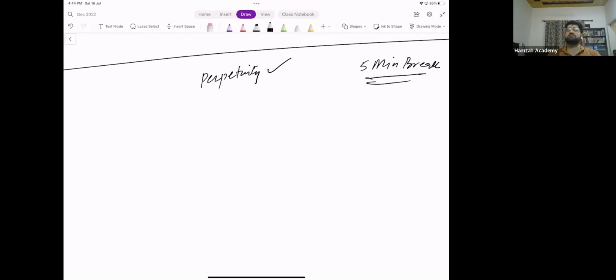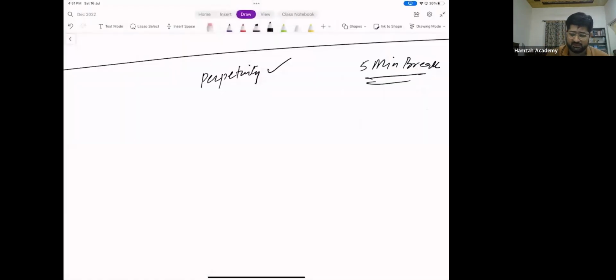Perpetuity. What is perpetuity? Perpetuity is based on the annuity concept, same concept.